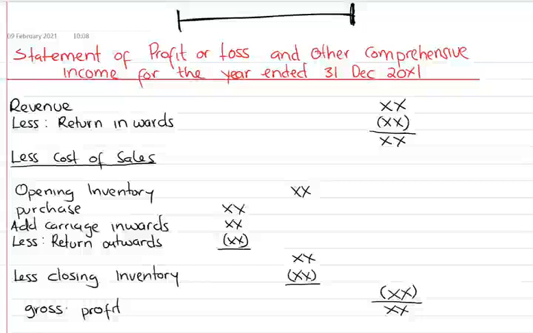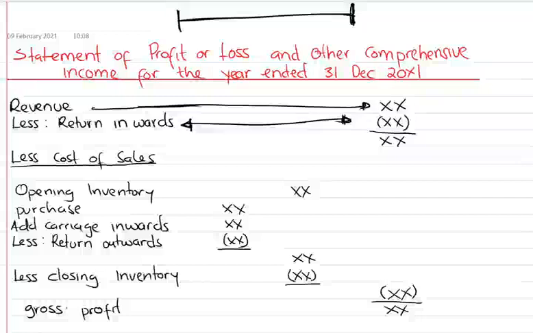So let us now come into detail. We're going to start with revenue. You put it there. Then you have to adjust it if customers have returned stock to us, called the return inwards. Initially we had recorded them as sales.